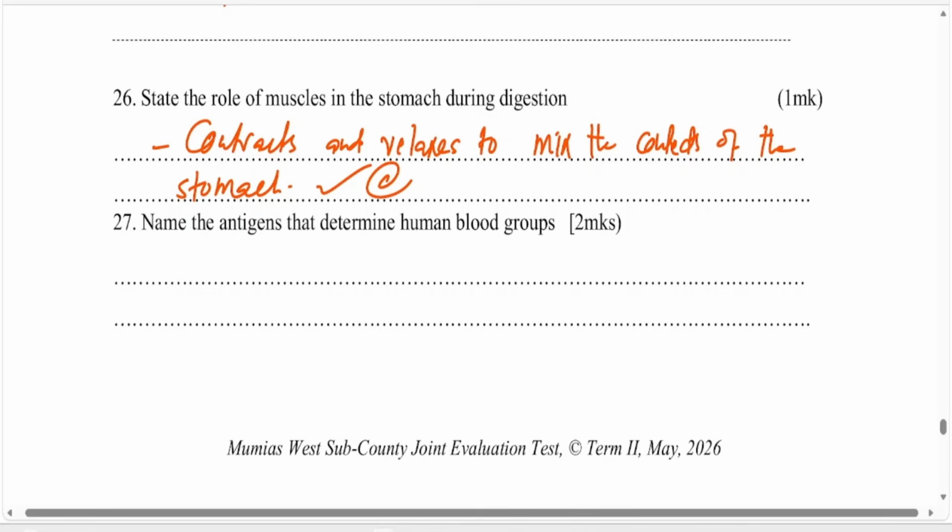Name the antigens that determine human blood groups. We have 3 major antigens that determine blood groups in human beings.